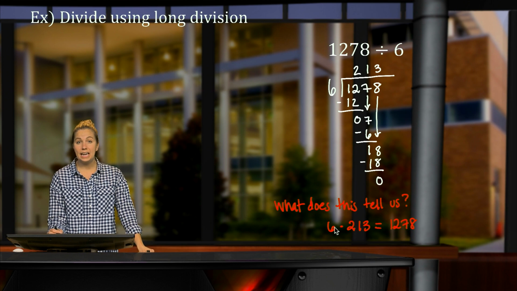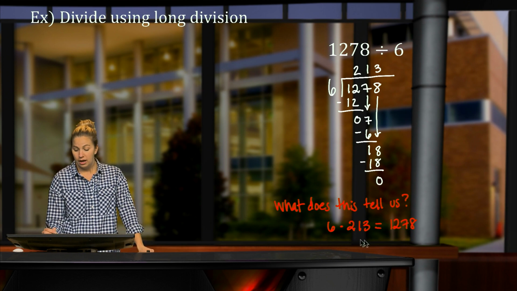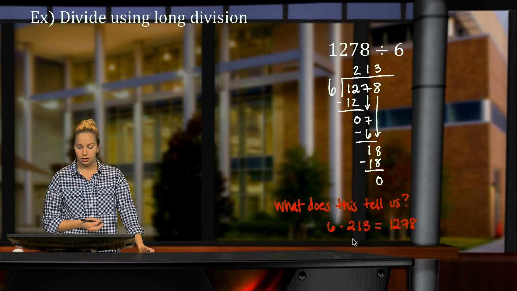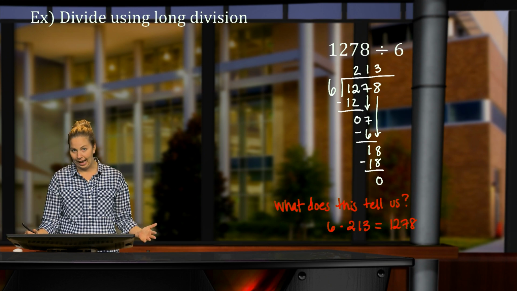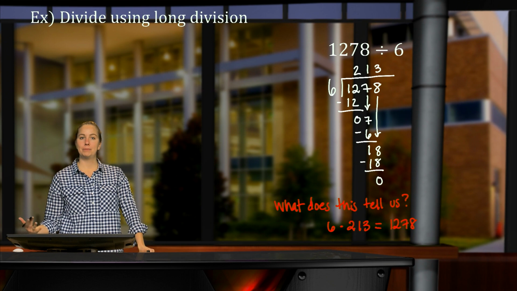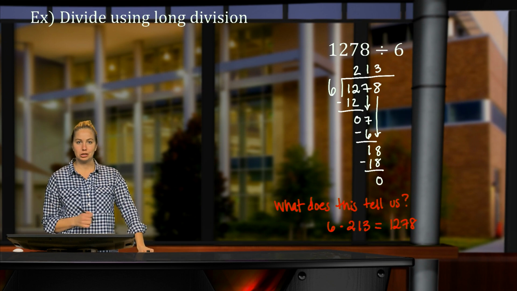Because 6 divided evenly, it means it's a factor, and our quotient, 213, is the other factor. Thinking ahead, this opens the door for us to another way to factor polynomials.